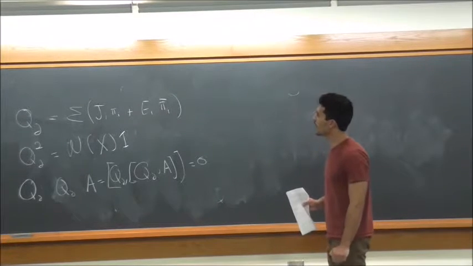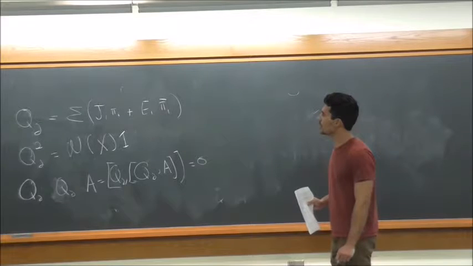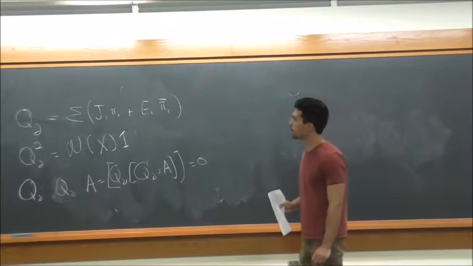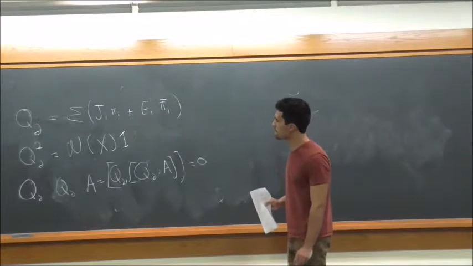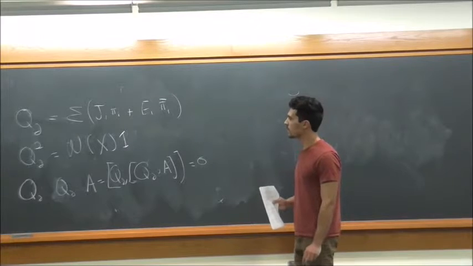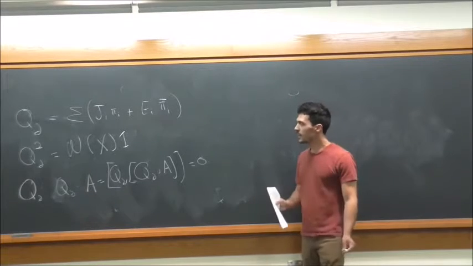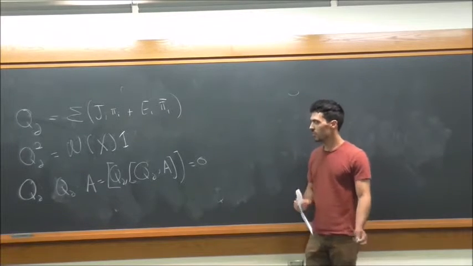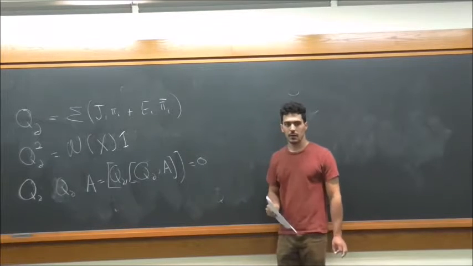What do you mean? J and E are both functions of X, and ordinarily you should compute the Poisson brackets for those two, right? But maybe you don't get contributions from those because you would need an X and an X bar. I didn't think about that, but maybe that's the case.